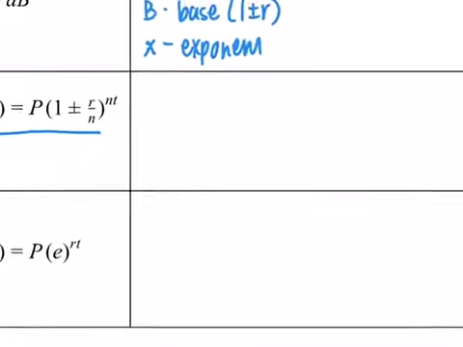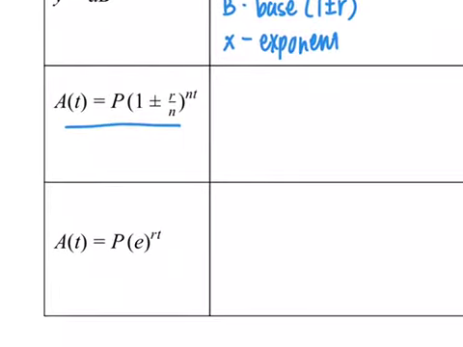The second one, A of t, represents the amount after time. We've got P, which is our initial amount. So it's kind of like the same thing as A, initial value, or initial amount.